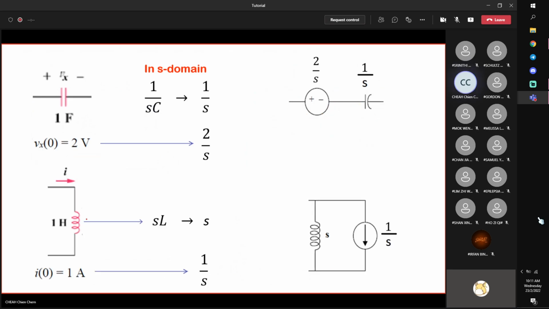The inductor. Inductor is easier to remember with the parallel combination. First, write down sL. L is equal to 1, so basically you have s. Then initial current of 1.